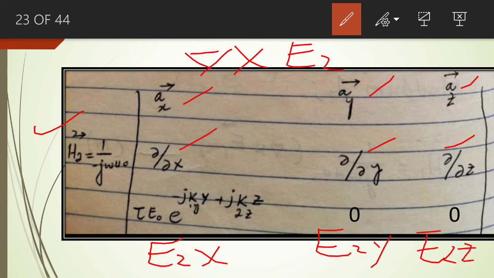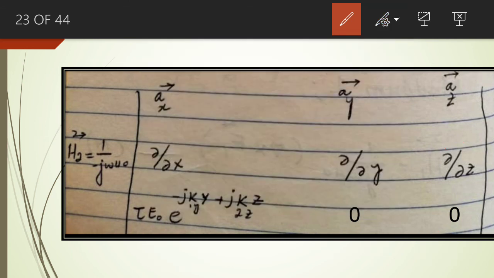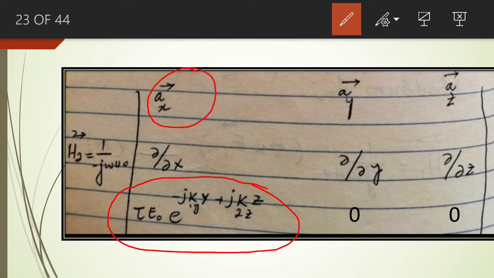If you guys remember, E2 was along the unit vector AX. There was no component along the unit vector AY. There was no component along the unit vector AZ. So this vector E2 has only one component, which is in the direction of the unit vector AX. There was no component along y-axis. There was no component along z-axis.